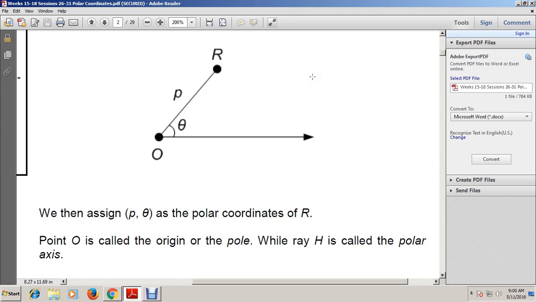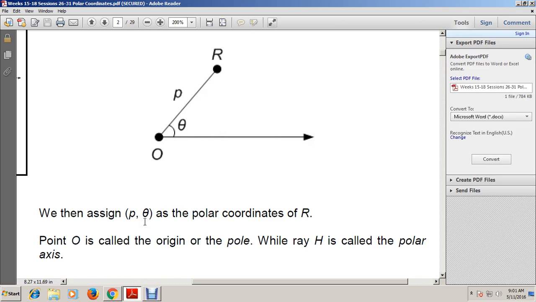Now, as compared to the polar coordinate system, instead of having an ordered pair (x, y) that corresponds to the projection of that point on the x-axis and the y-axis, we also make use of a pair, but this time in terms of the distance from the origin, which is P as indicated here in this example, and the angle theta that the line segment from the origin to the point makes with the standard positioning of the ray, which we normally take as the x-axis in our Cartesian coordinates.